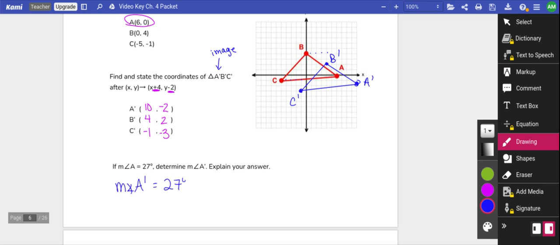It is also equal to 27. To explain, I would state that in a rigid motion, angle measure is preserved.